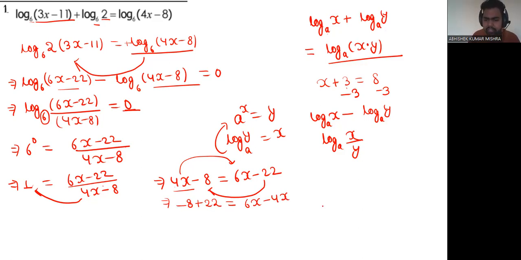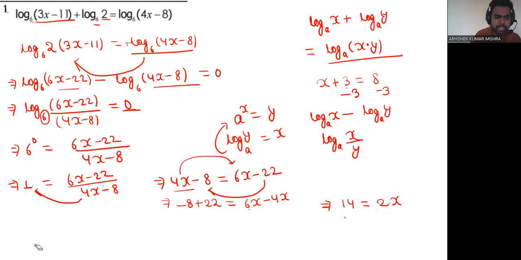So from here I can solve. Negative 8 plus 22 makes 14, and 6x minus 4x makes 2x. Now in America you solve by dividing both sides by 2, but that is what we do in grade 5 or 6. Now you are grown up.